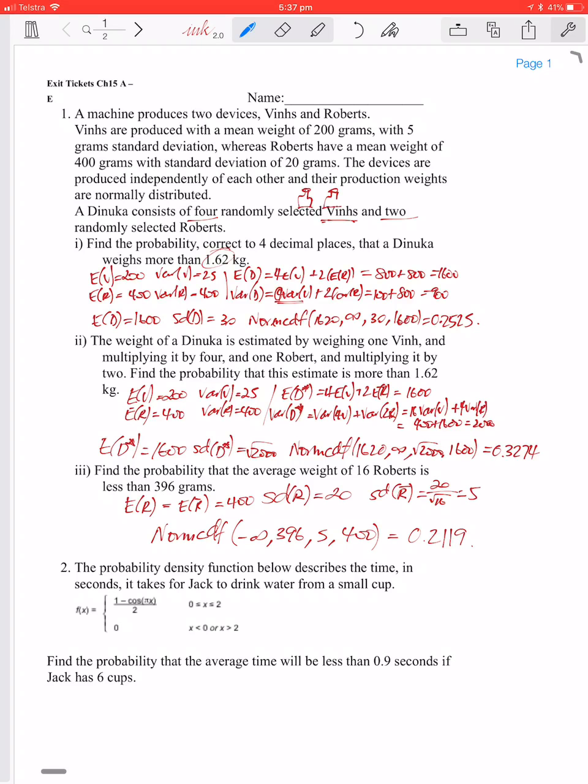So that's the probability that in a sample of 16 Roberts, the average weight is less than 396.